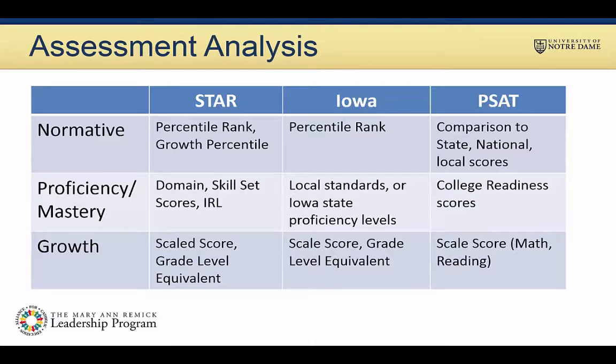In the case of the PSAT, the score that a student is given is in fact the scale score. So it's fairly straightforward in interpreting what is the major score there. So again, this doesn't cover all of the different standardized tests that may be in place across your schools, but it gives a sense of some of the keywords that you might look for.